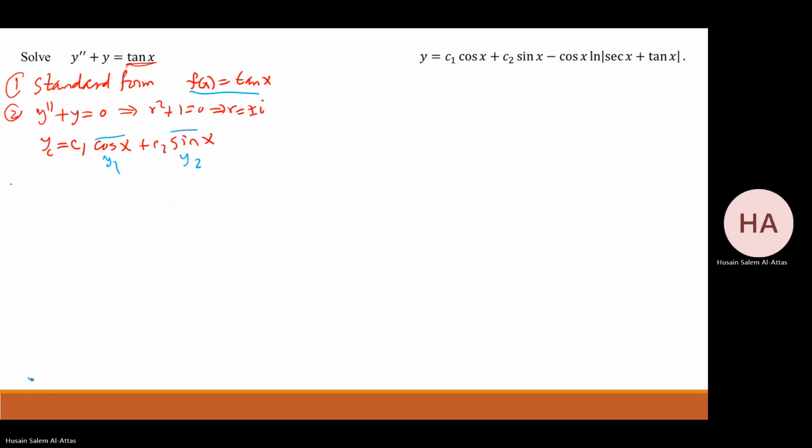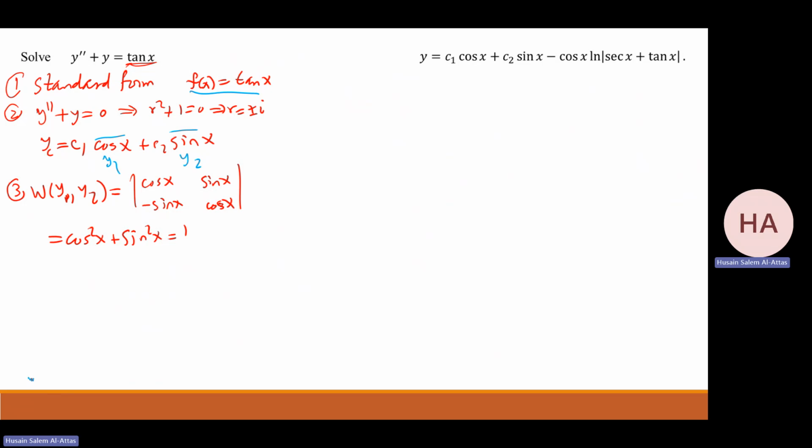Third step, I'll find W of y1 and y2. That will be what? Cosine, minus sine, sine, cosine. And that will be cosine square plus sine square, which is 1. Easy one. Good.